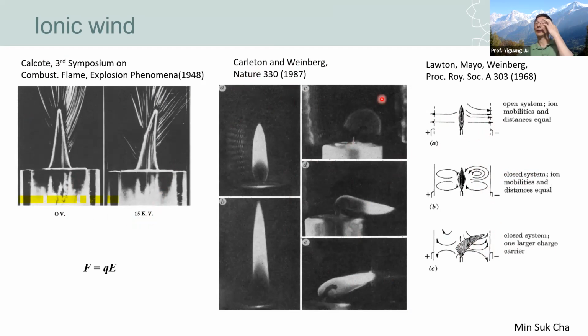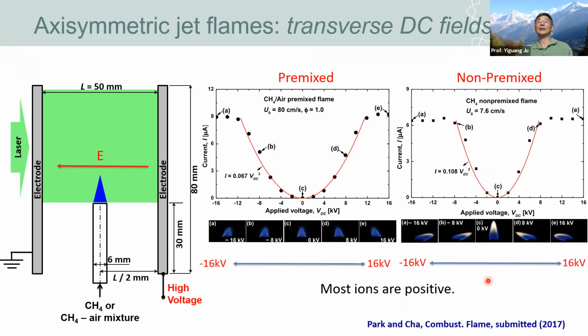They can dramatically change flame shape and soot emissions. Professor Min-Soo Char is one of the leaders in this area. This is an experiment from his group, showing a Bunsen flame with an electric field, and a laser used to image the flame.